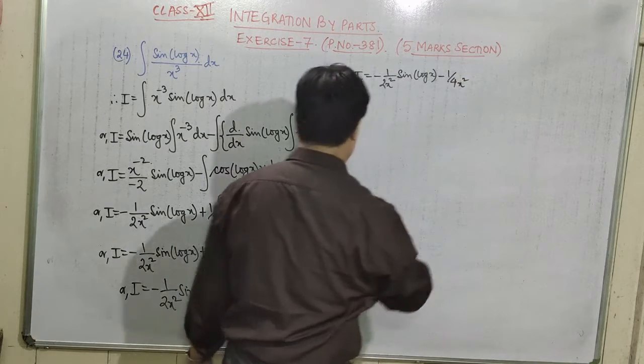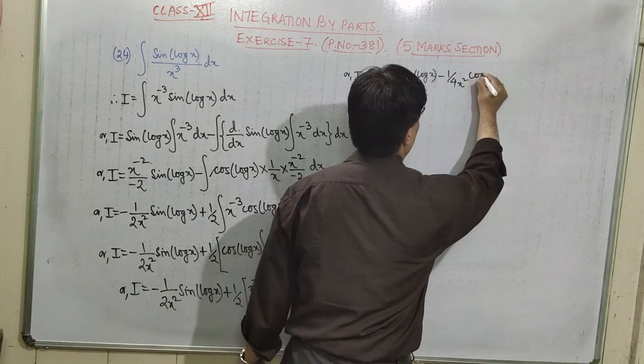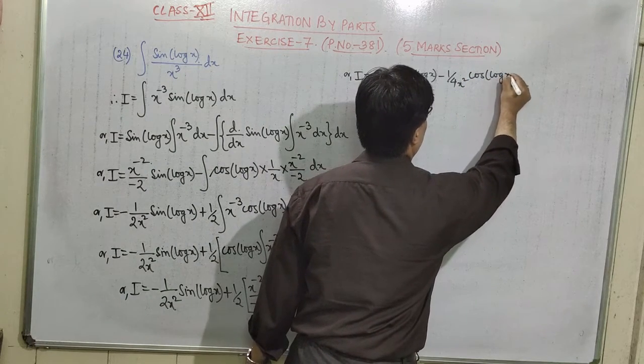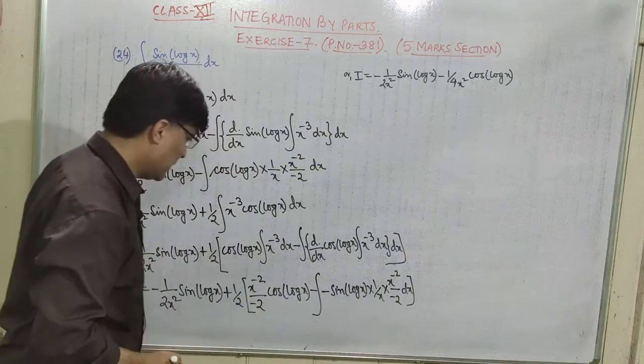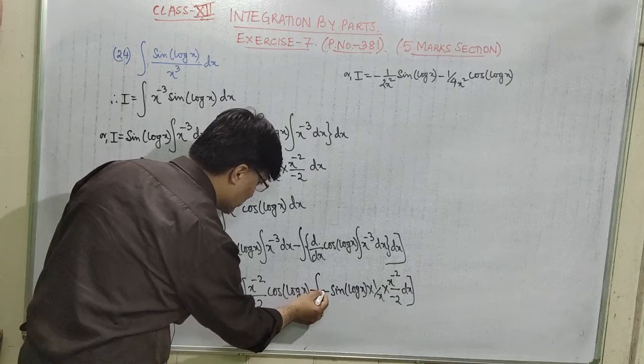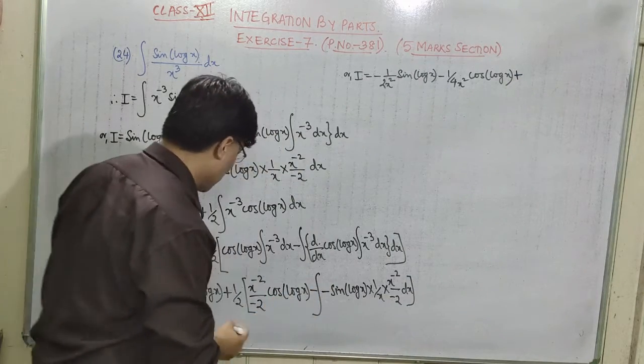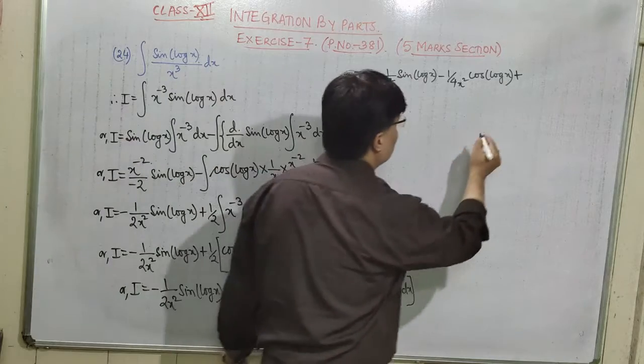So it is 1 upon 4x square, right? Cos of log x. Then next, plus into minus, minus, minus, minus, plus, plus, then what do we write? Half into half is 1/4.